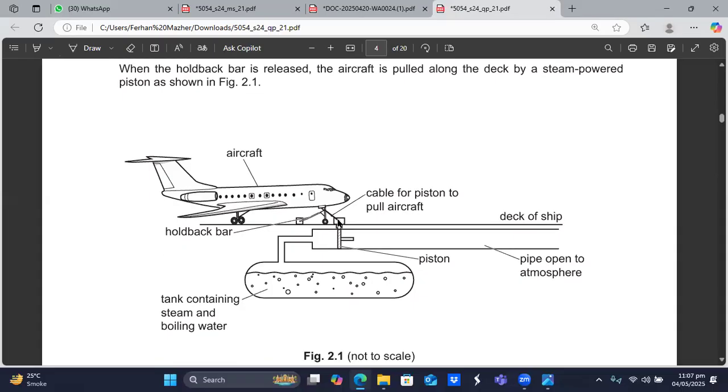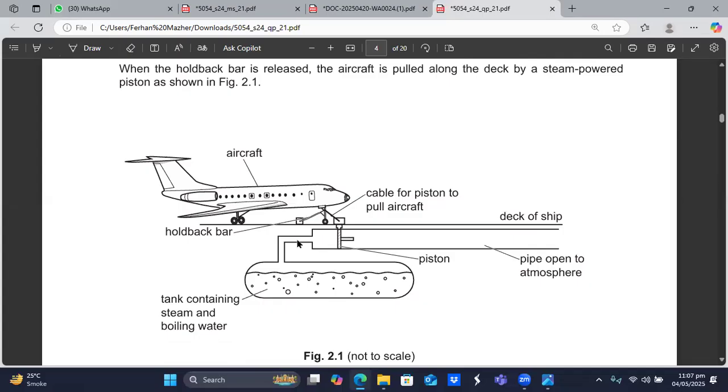Okay, so this is the cable for the piston to pull the aircraft. This is basically pulling it, and this is the hold bar. So it's holding it, and this is the tank containing steam and the boiling water.